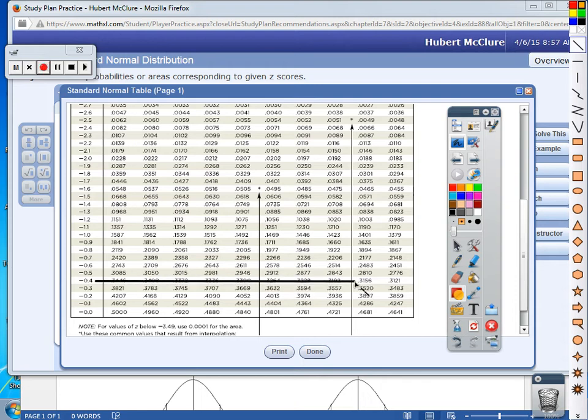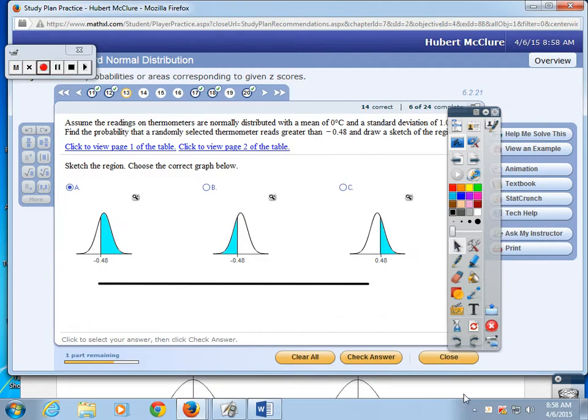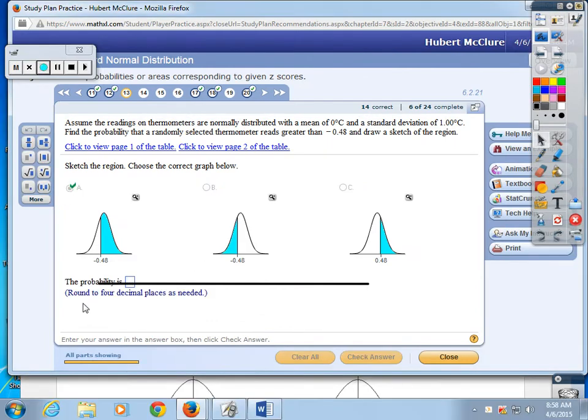I got 0.3156. Now, that's the left-hand side. The right-hand side would be 0.6844. Somebody check me.